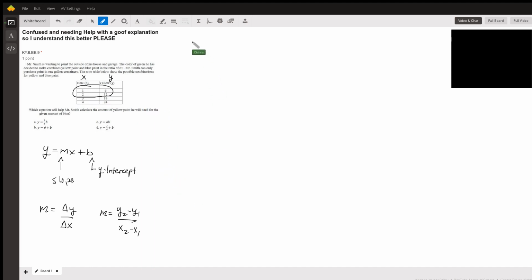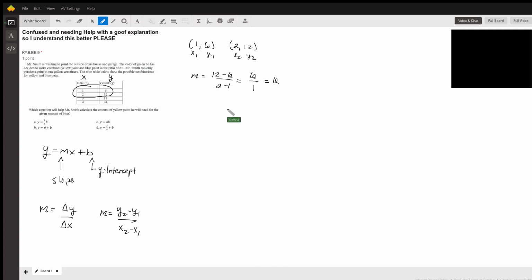So 1 comma 6 and 2 comma 12, and this is x1 y1 x2 y2, and m is equal to 12 minus 6 divided by 2 minus 1, which equals 6 over 1, or just 6. So that means I have a slope of 6.